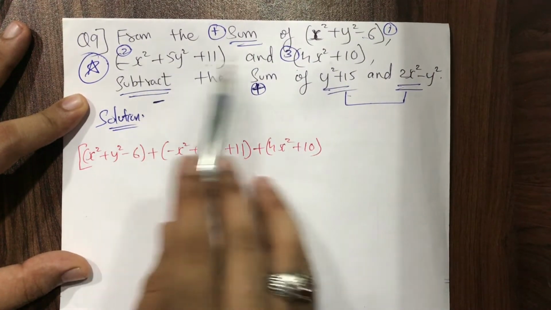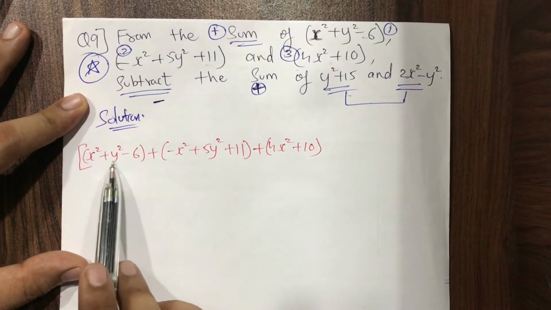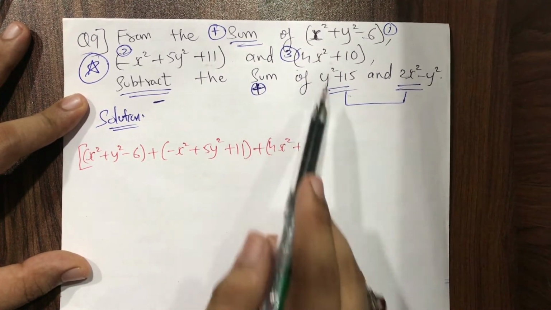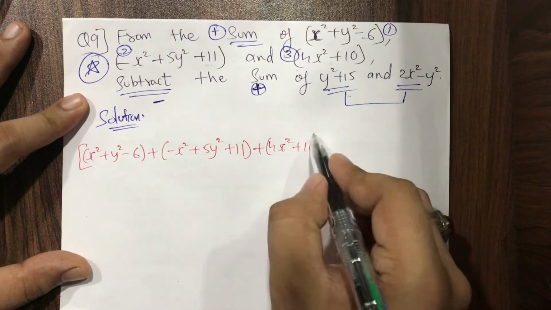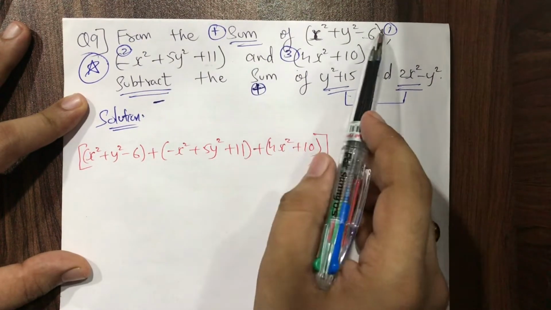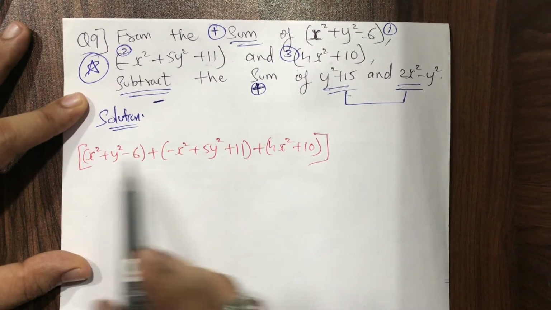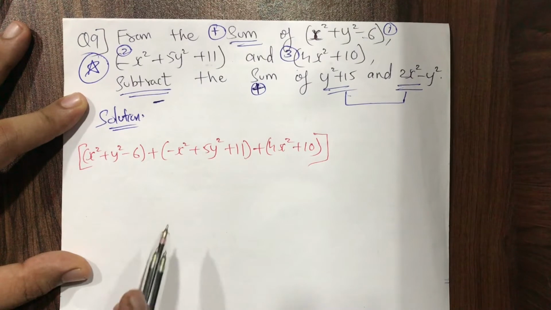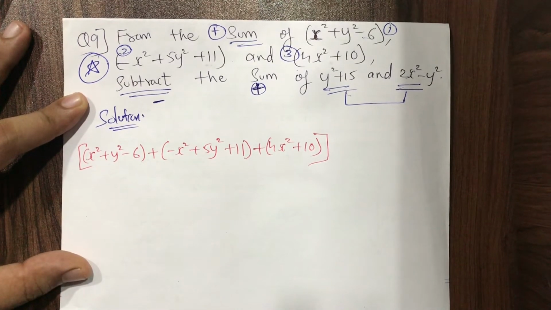First bracket, second bracket and third bracket. From the sum of first, second and third bracket, I have made a square bracket. From the sum of these three brackets, what we have to do? We have to subtract.